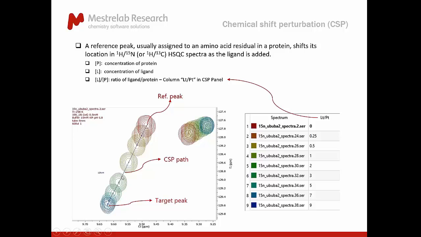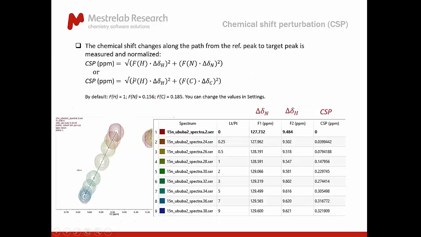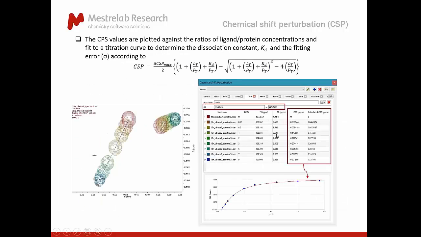The goal is to track the change of the chemical shifts and normalize using some equation, okay, to get a chemical shift perturbation in ppm. And we measure the differences, right, and compute that for each concentration. And then we fit those changes, CSPs, to an equation like this, and to get this dissociation rate and the fitting errors, of course.